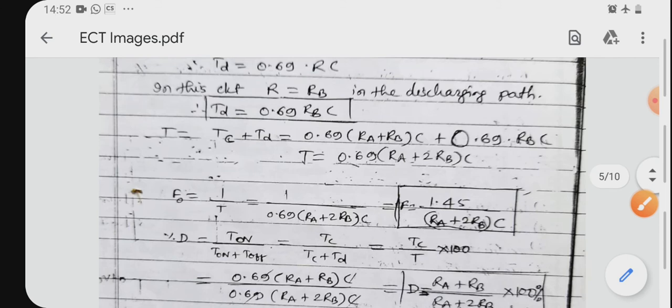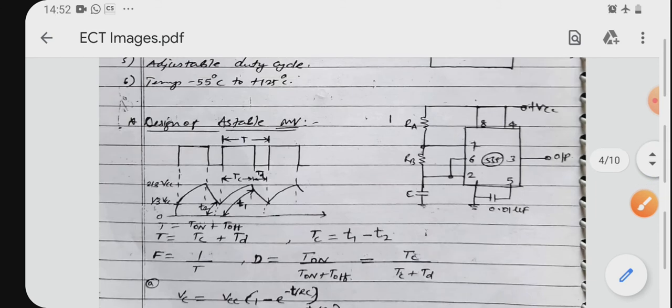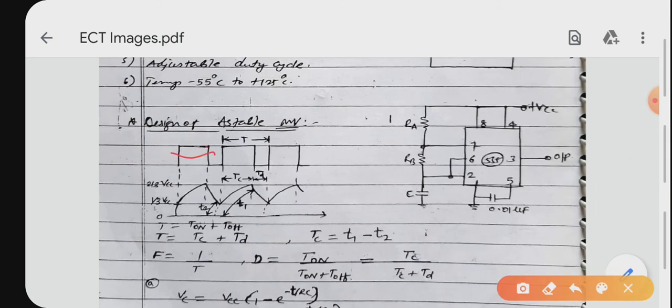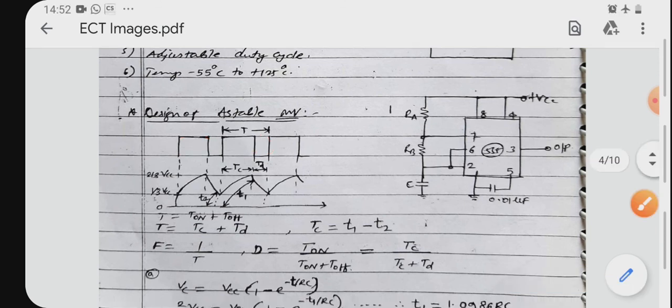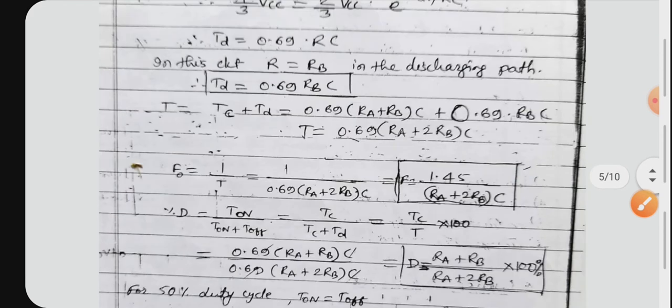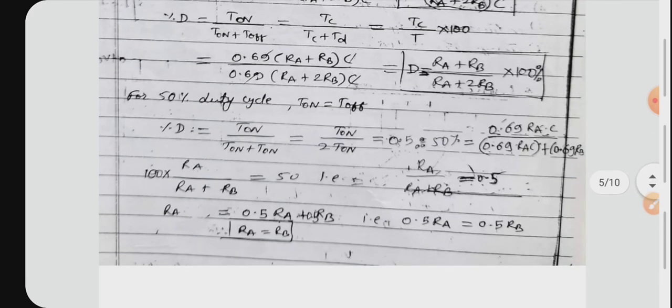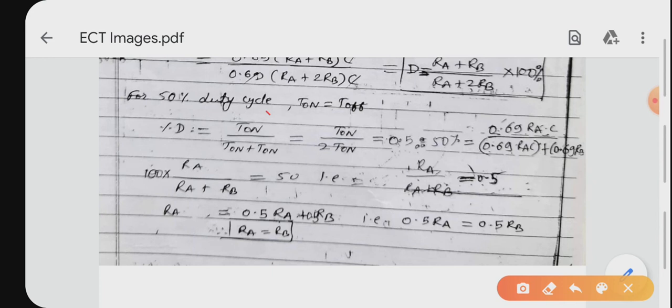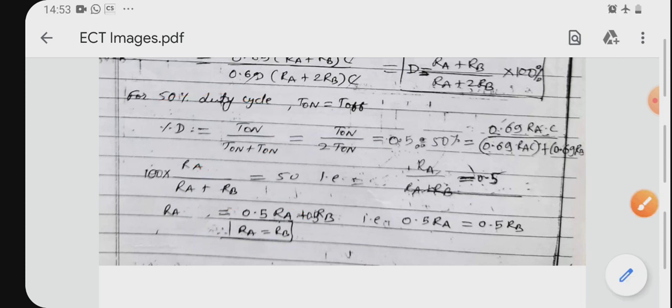Here you can see, 50% means this on time should be equal to this off time. That is called a 50% duty cycle. So if the duty cycle is 50%, and you put that in this formula of duty cycle, you will get RA is equal to RB, meaning both the resistors have equal value for 50% duty cycle.